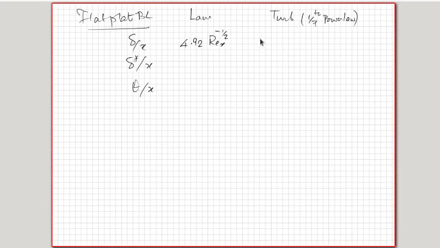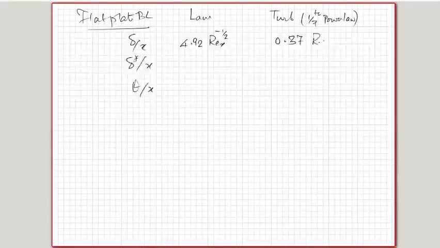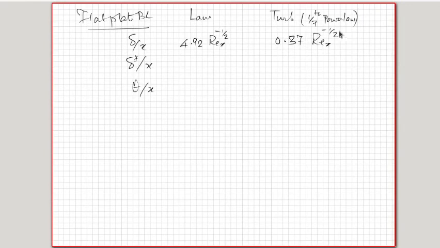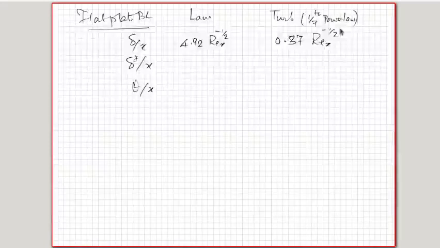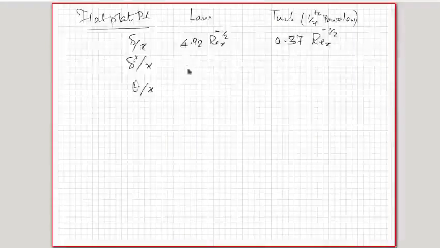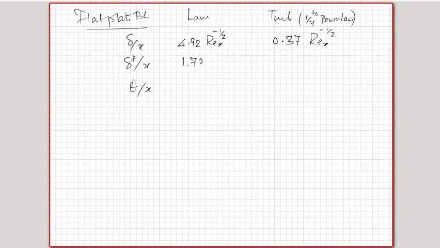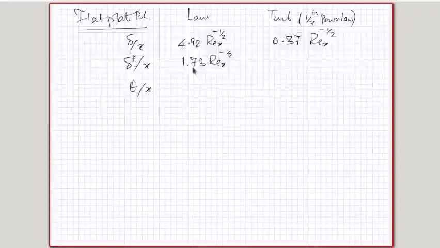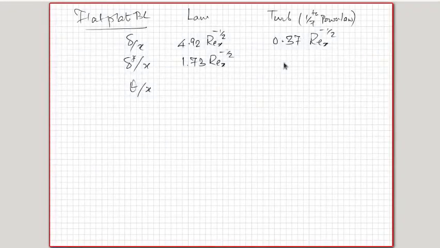Here this will be 0.37 into Rex to the power minus half. This is the number that you would get; the number would vary slightly from one profile to another. For delta star, you get 1.73 into Rex to the power of minus half. So at any given x, this is the displacement thickness.